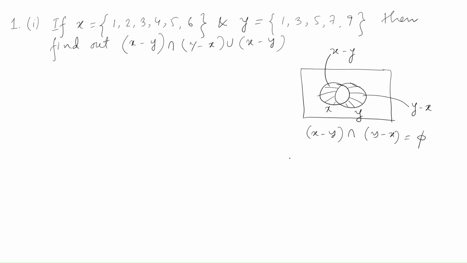Now if we take phi union X minus Y, then we know that it will be X minus Y only.